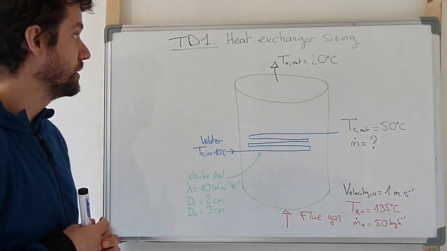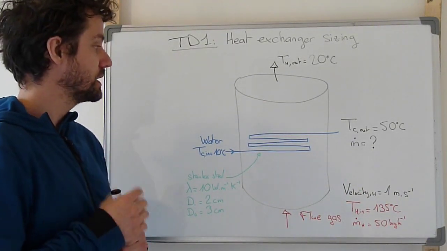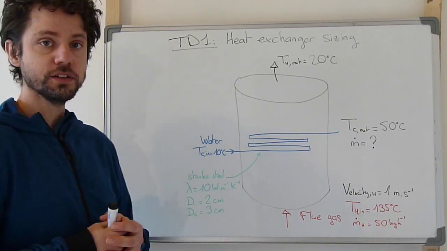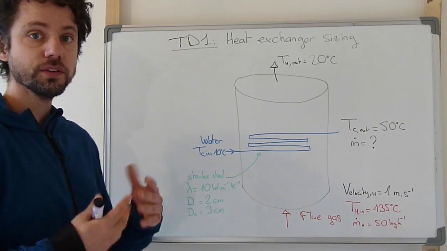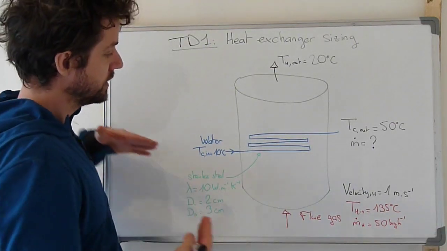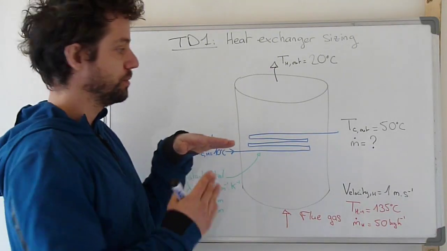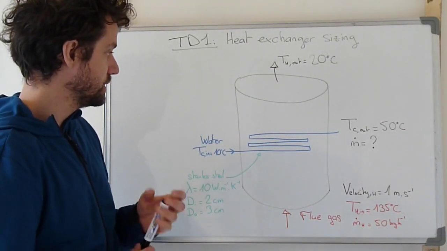Then the heat recovery heat exchanger that we are going to size is a cross flux heat exchanger. It means that the other fluid, which is water, in our case the cold fluid, will flow in the direction perpendicular to the flow of the flue gases.